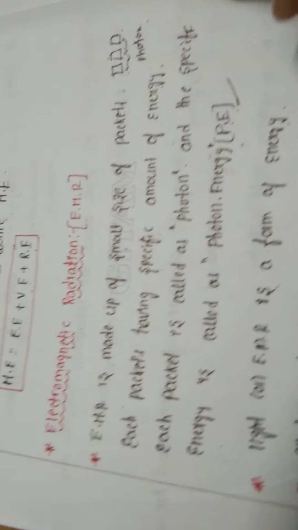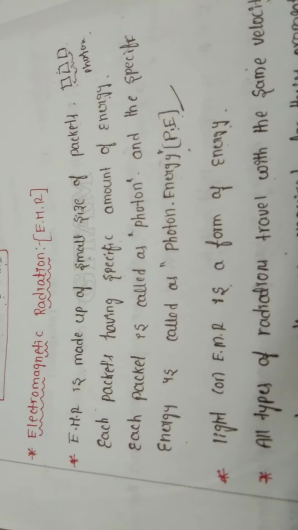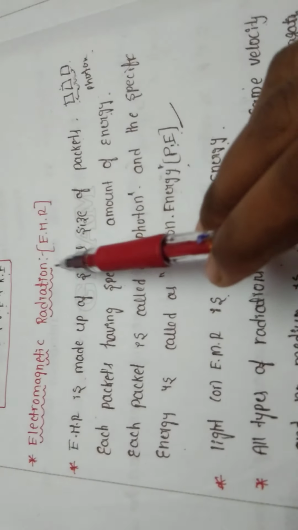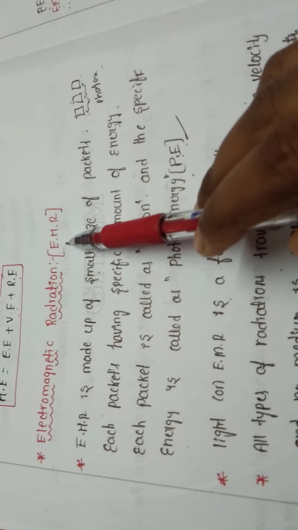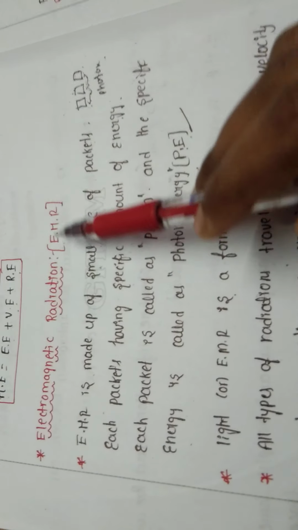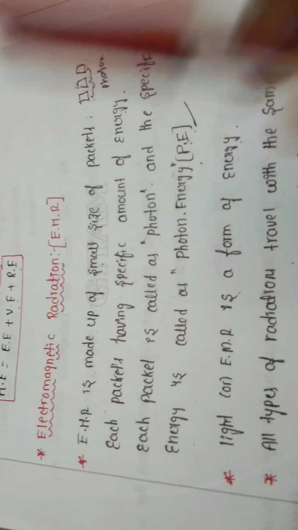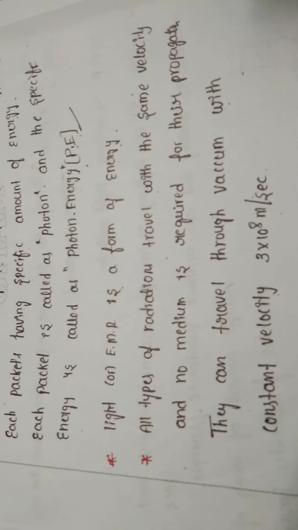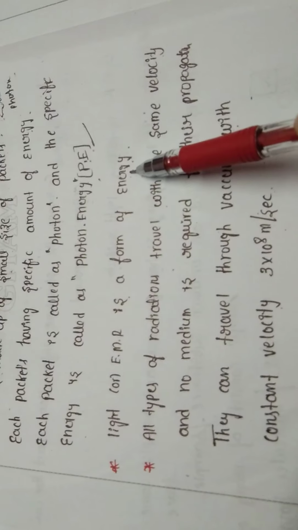Coming to the next factor, which is a very important factor in spectroscopy: electromagnetic radiation, represented as EMR. Every light radiation, every electromagnetic radiation, is in the form of energy. We already know that.